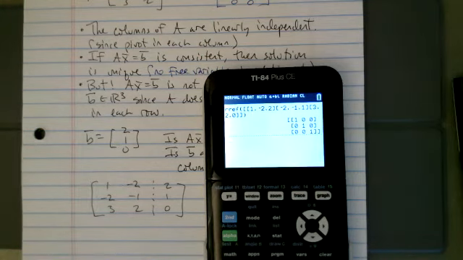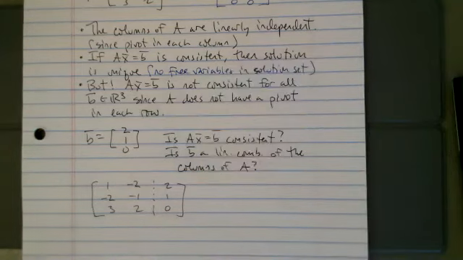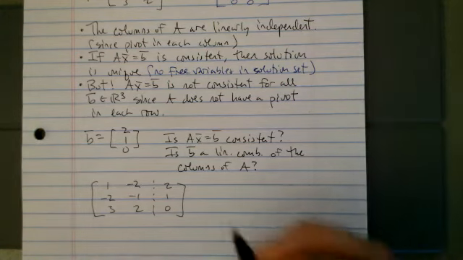So the reduced echelon form of this augmented matrix is 1, 0, 0, 0, 1, 0, 0, 0, 1. And this is an augmented matrix, because I put B at the end of it.